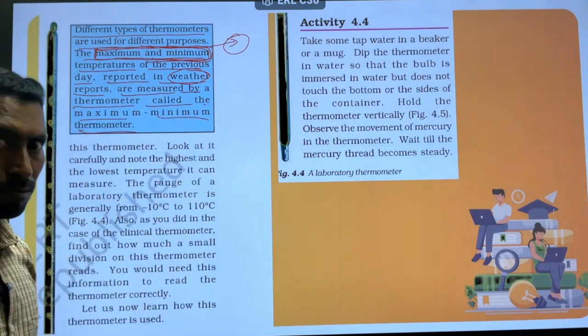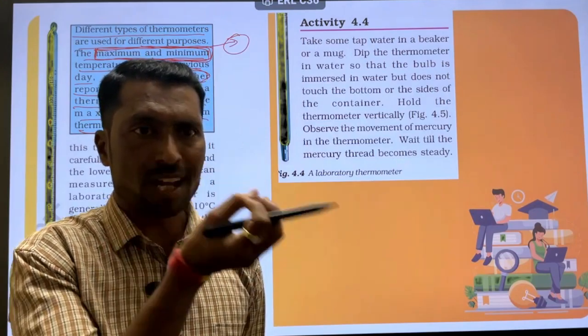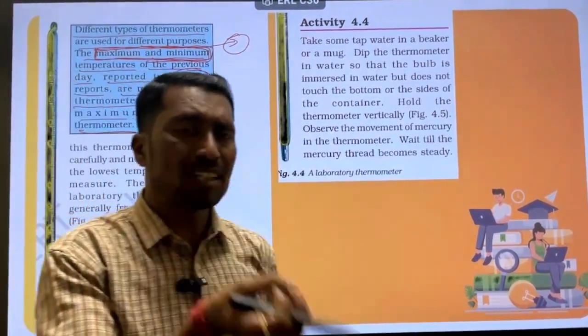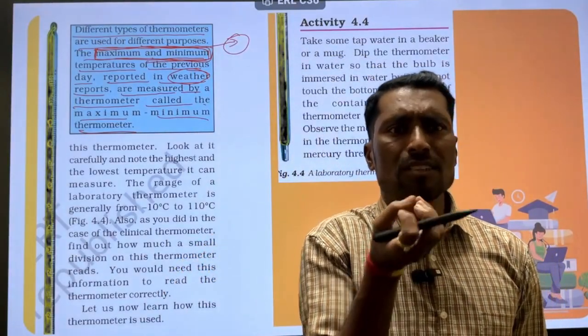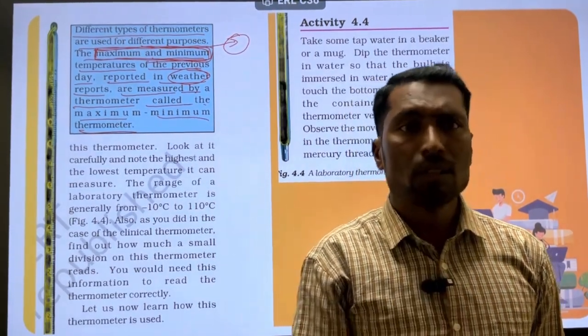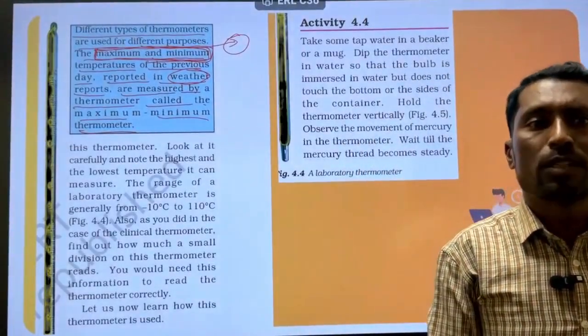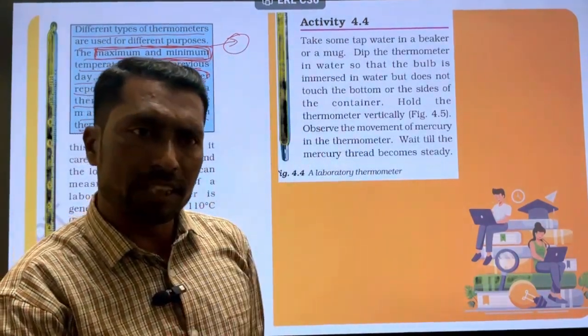Weather के related कि forecast कैसा होगा दिन का आज, तो उसमें from sunrise to sunset temperature can vary. At sunrise the temperature is less, but at midday or in the afternoon the temperature increases. At that time the temperature increases, decreases.